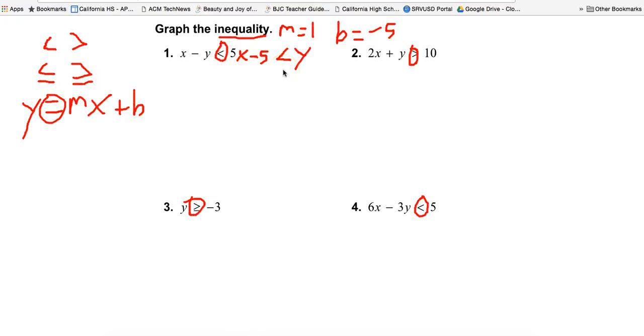The reason that we're doing this is that instead of graphing a single line, we're actually graphing a region. We're looking for the region that satisfies this inequality. So we're looking for all the values of x and y that give us x minus 5 less than y, or all the values of y that are greater than x minus 5.